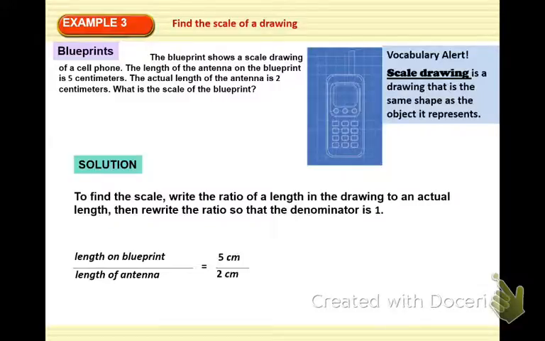So the scale is 5 to 2. Okay, but you always put a scale over 1, so you just divide the top and the bottom by whatever number's on the bottom. Divide by 2, top and bottom, we get 2.5 to 1 for the scale. Any questions? Okay.